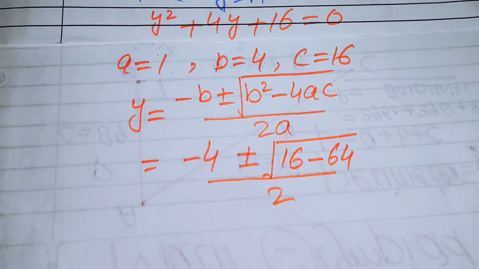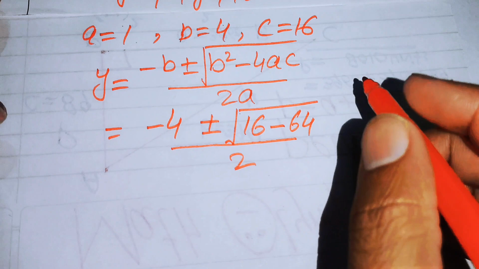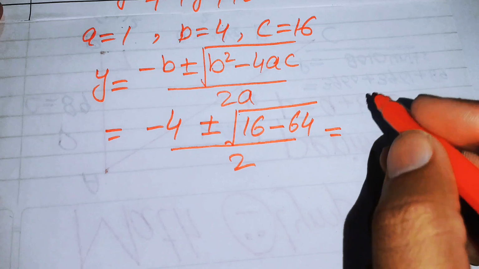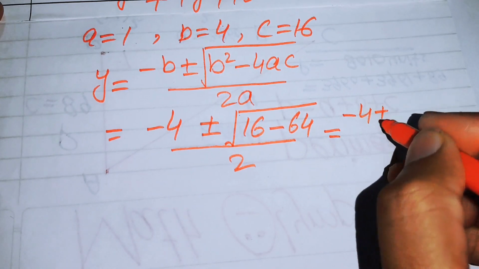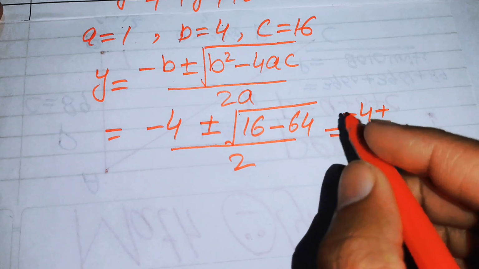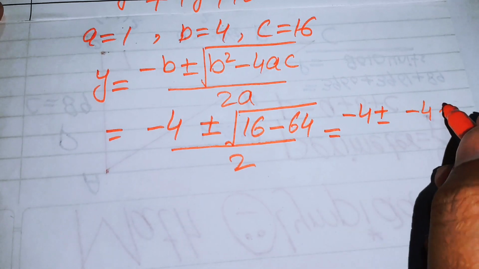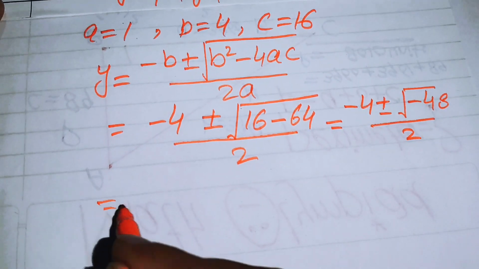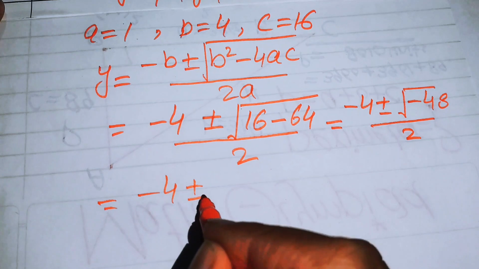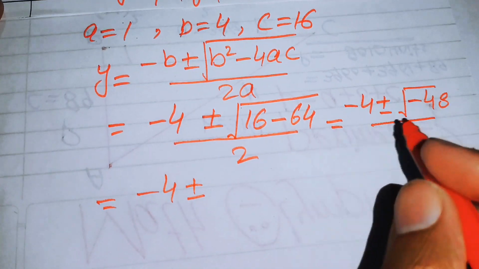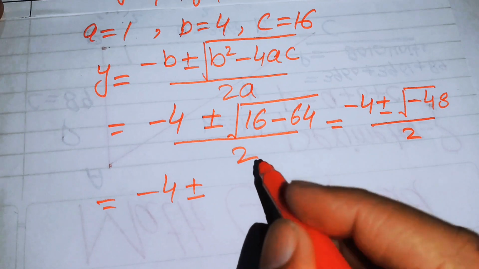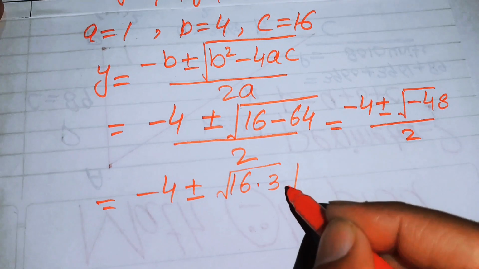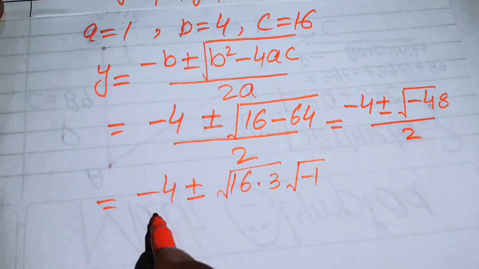And now we make some simplifications, and you get minus 4 plus minus the square root of 16 minus 64, which is minus 48, over 2. We will write it as minus 4 plus minus the square root of 48, which equals 16 times 3, and here you have minus 1, square root over 2.